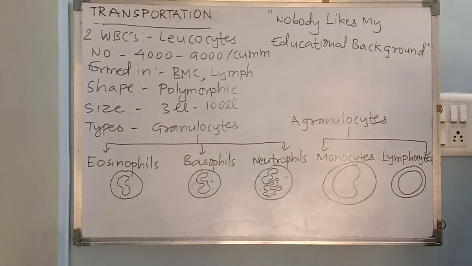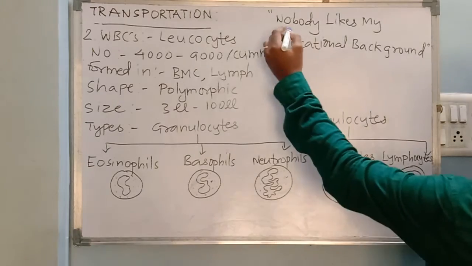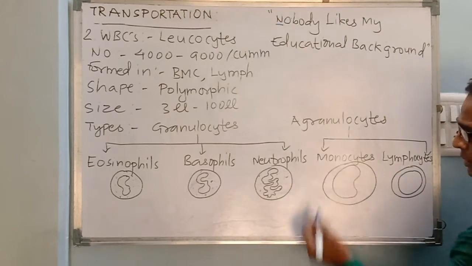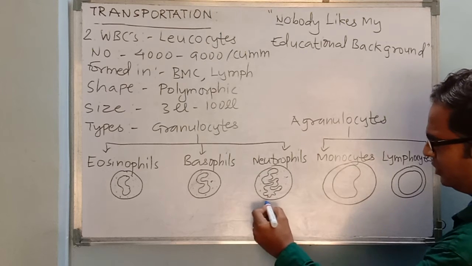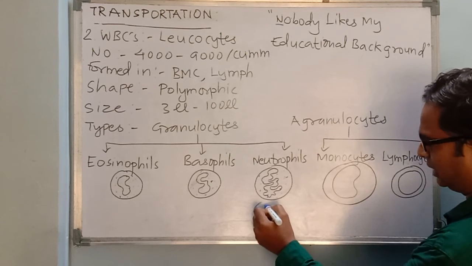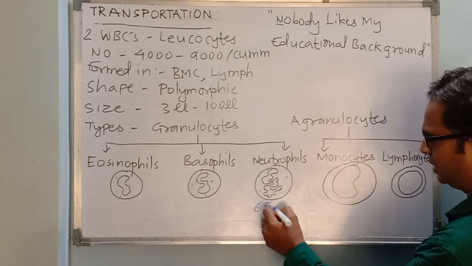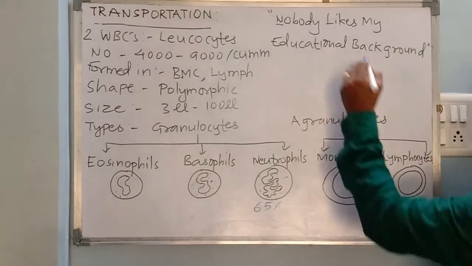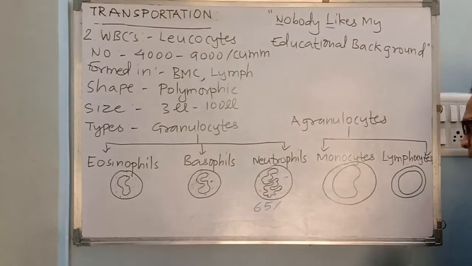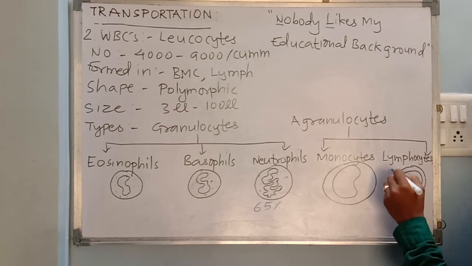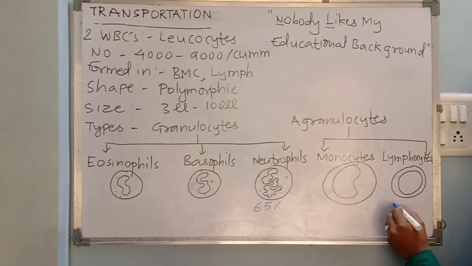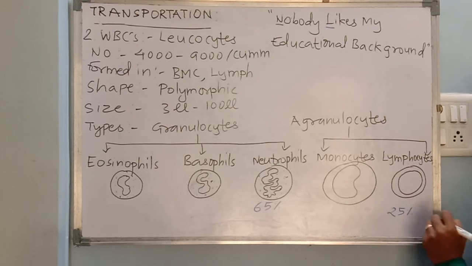Now, if you look at the first alphabet from each word, N stands for neutrophils, which is the maximum, about 60 to 65%. Then L is for lymphocytes, approximately 20 to 25%.